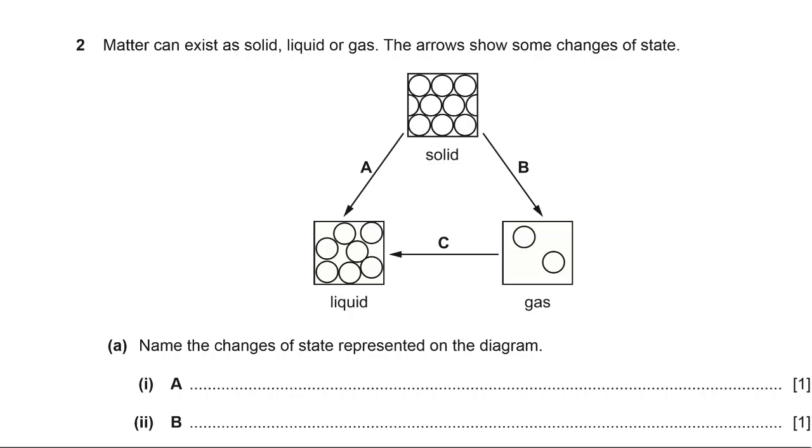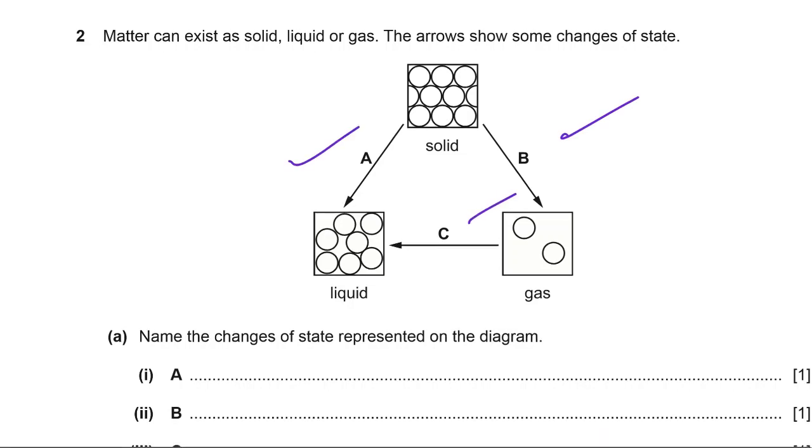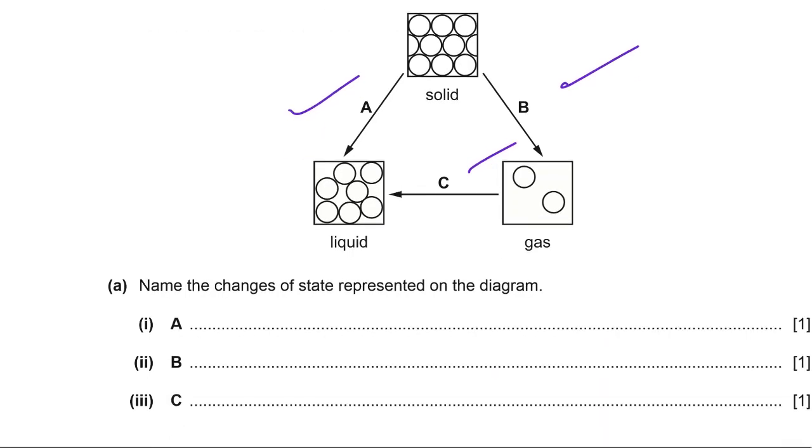Question 2. Matter can exist as solid, liquid, or gas. The arrows show some changes of state. So we have 3 changes, A, B, and C. Name the changes of state represented on the diagram. A, from solid to liquid, melting.